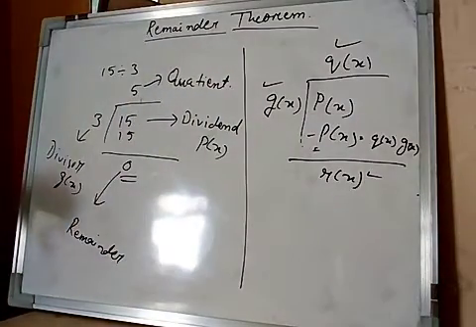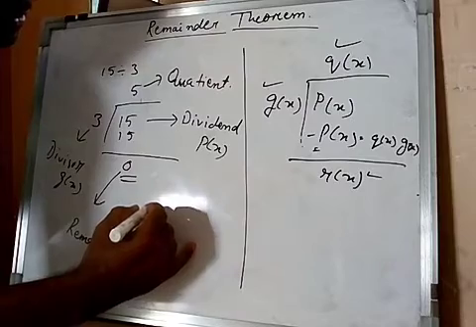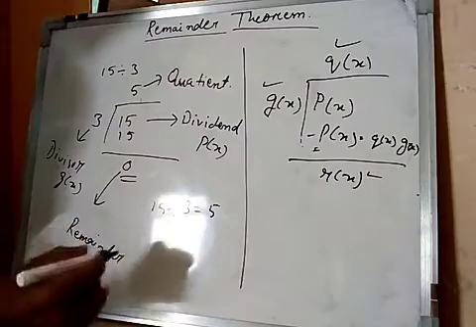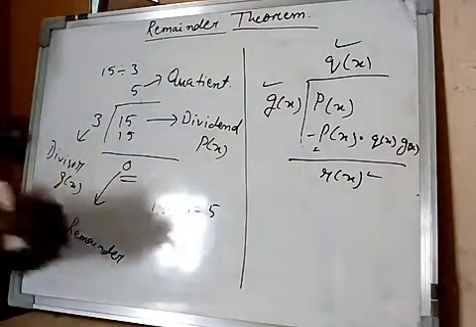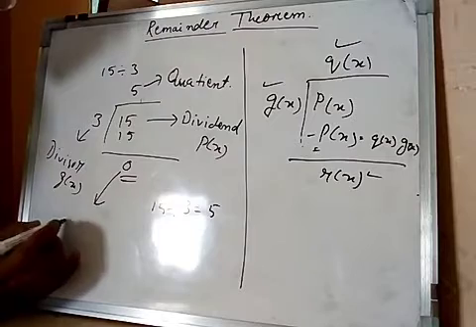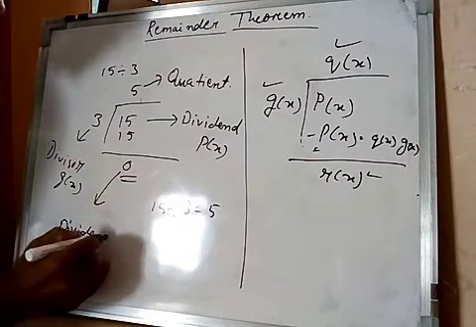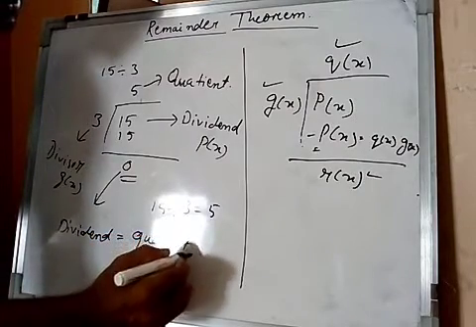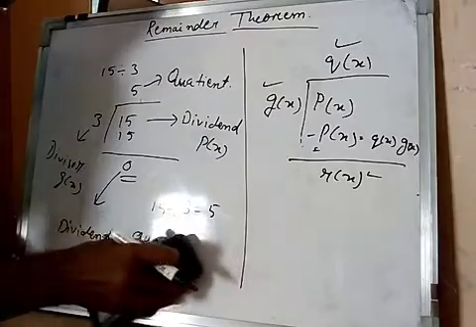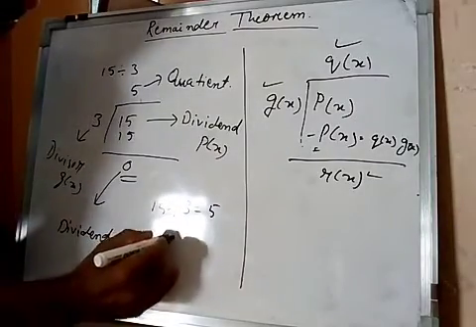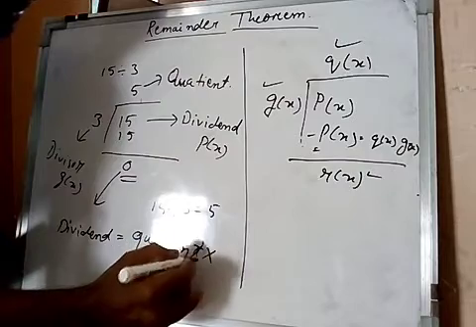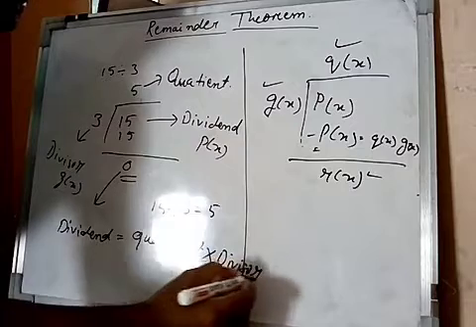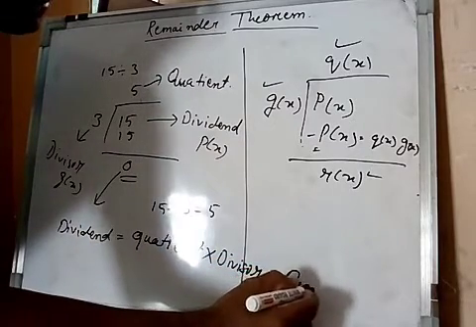So here we know 15 divided by 3 equals 5, or we can say in our method: dividend equals quotient multiplied by divisor plus remainder.